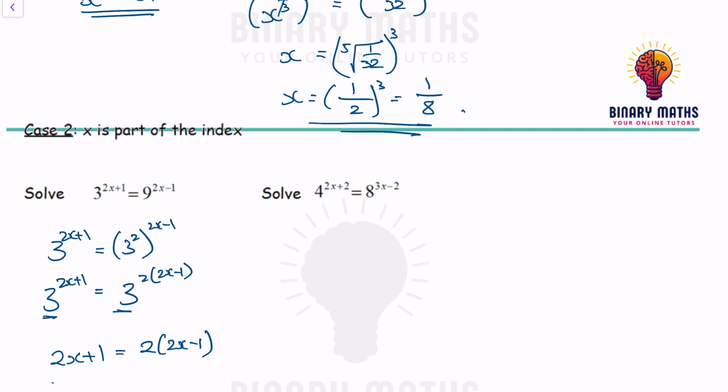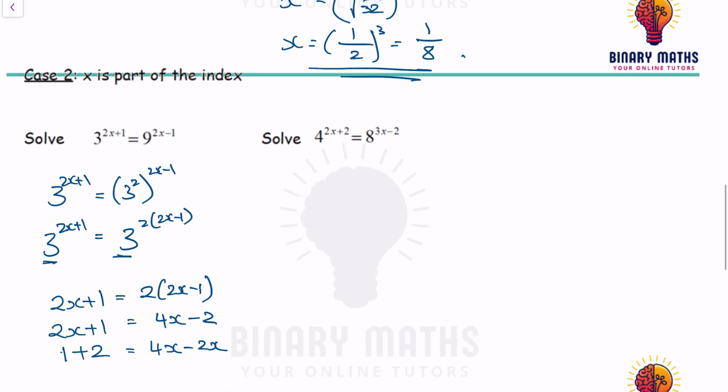If I expand the bracket, I get 2x plus 1 must be equal to 4x minus 2. If I collect the x's on one side, I get 4x minus 2x must be equal to 1 plus 2, which means 2x must be equal to 3, so x must be equal to 3 over 2.